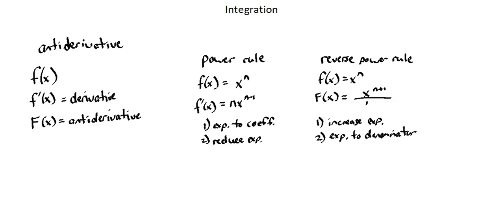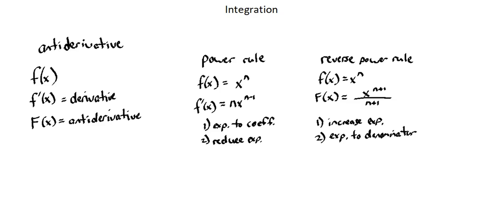So I'm going to divide by n plus 1, which is the new exponent value. That's antidifferentiation. I'm using the reverse process of the power rule, which gets me from a function to differentiation. The reverse power rule in reverse gets me from a function to the antiderivative.